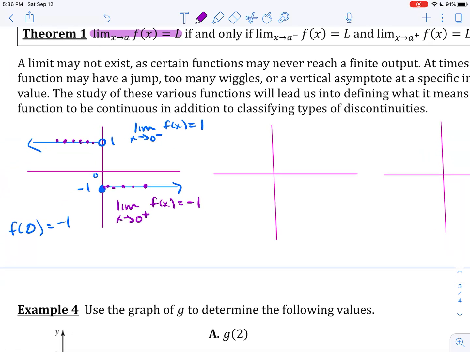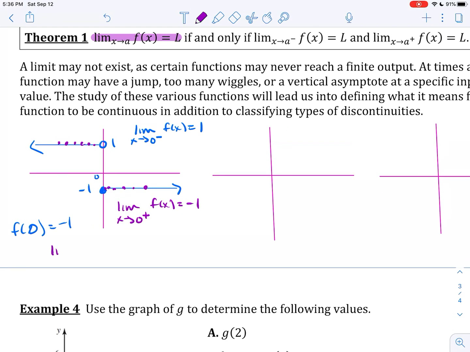We do see that f of 0 does equal negative 1 because that's where we have a solid dot and not a hole. It is a function because it passes the vertical line test, but we notice also that the limit as x approaches 0 from the left does not equal the limit as x approaches 0 from the right.